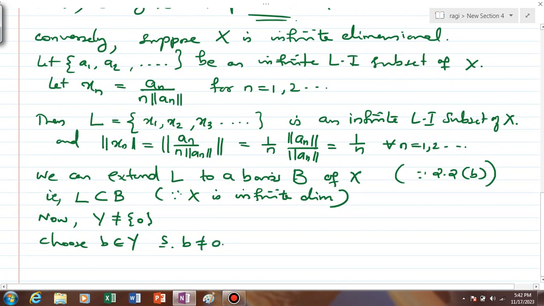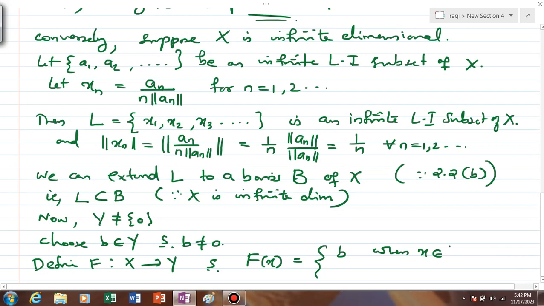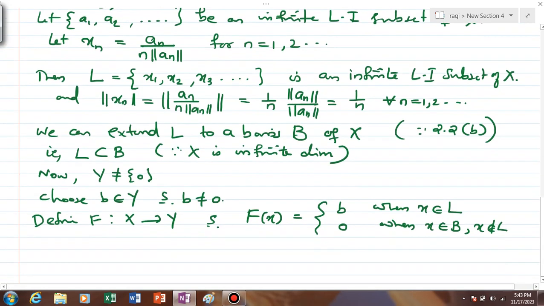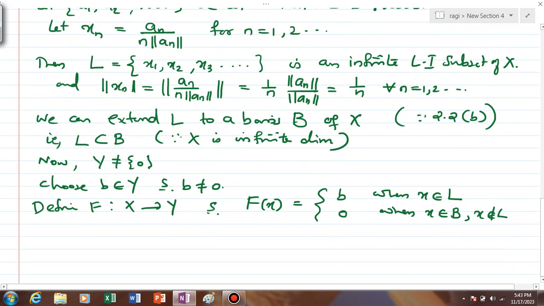Now we are going to construct the discontinuous function F. Define F from X to Y such that F of x equals this element b when x is an element of L, equal to 0 when x is an element of B but not an element of L, and extend linearly.